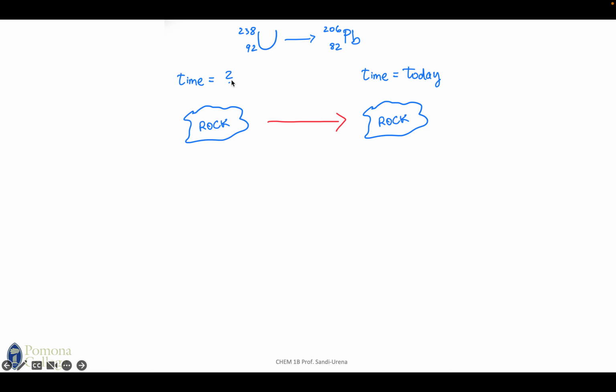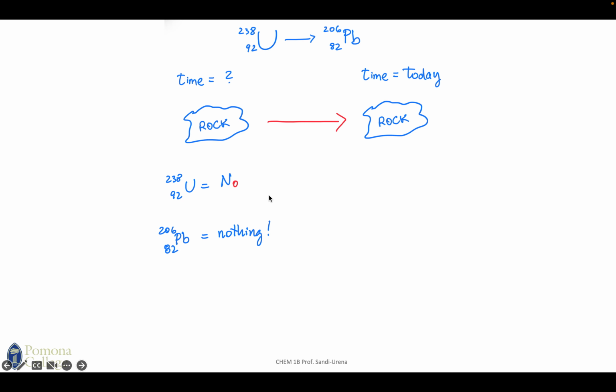So time today, time 0. At time 0, we're going to say that the rock contained a given amount of uranium-238, which we're going to call N sub 0. And we're going to assume, it's a very, very safe assumption, that there was no lead present when the rock was formed. No lead-206 when the rock was formed.